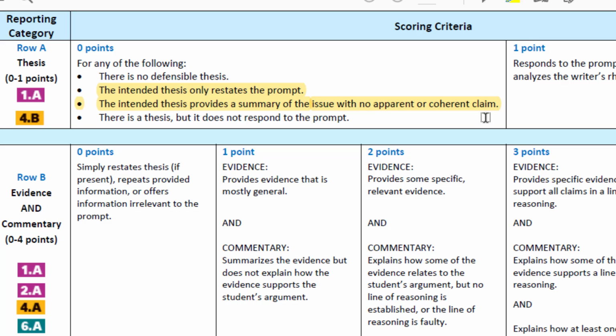The other issue here is when the intended thesis provides only a summary of the issue. This is what I see happening most often with essays that go horribly wrong: the student has addressed what the author is writing about. They have not addressed how the author is writing about it.